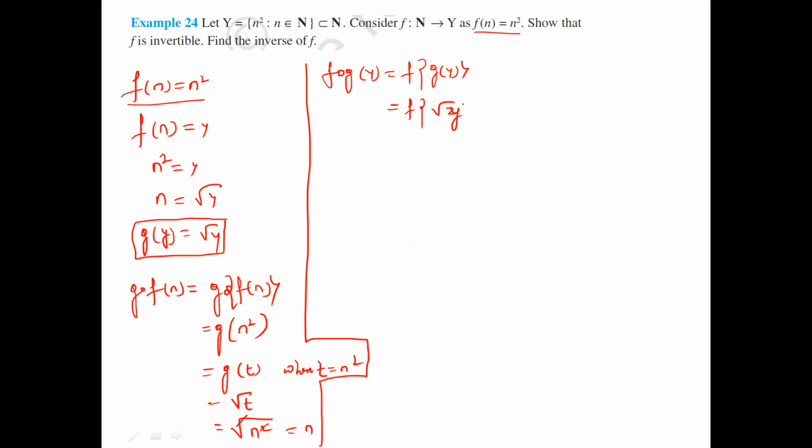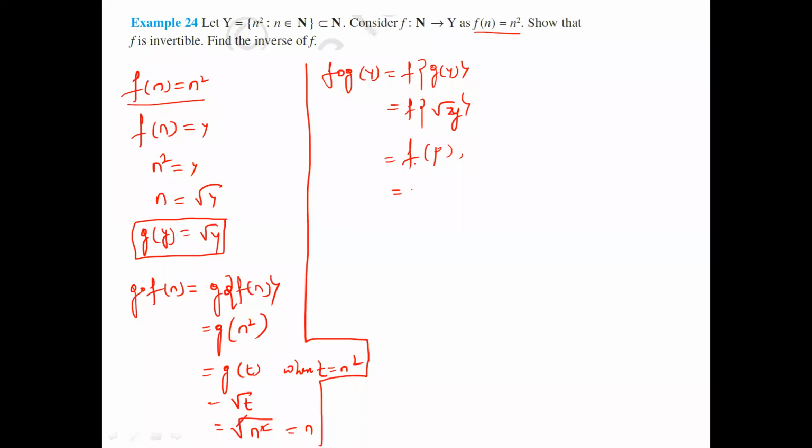So f of root y can be written as f of p, where p equals root y. f of p is nothing but p square. So what is the p value? Root y whole square. Now square root and square get cancelled. What is the answer? y. Therefore, what is the conclusion? f is an invertible function.